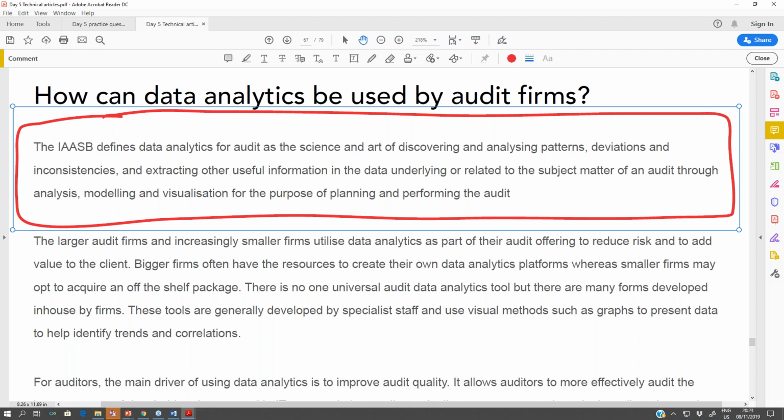So you need to learn this definition and reproduce it in your own words.